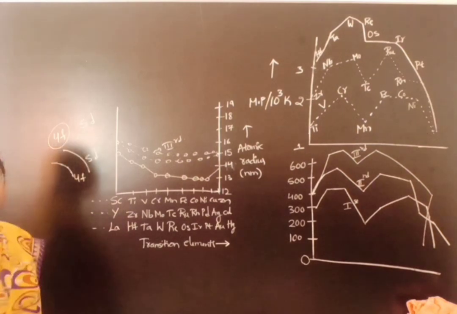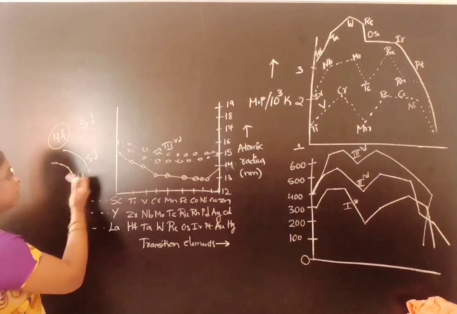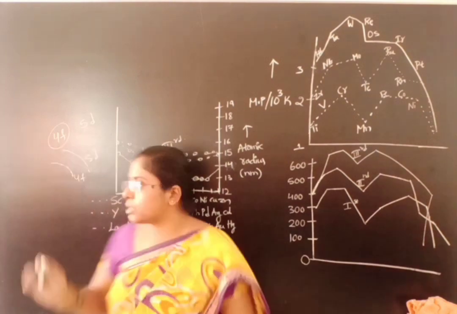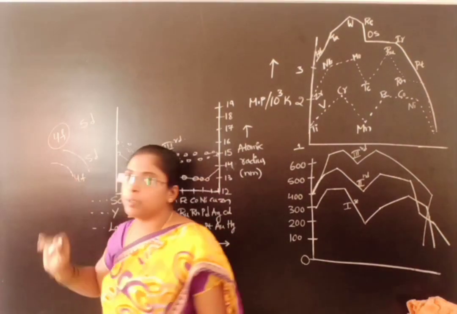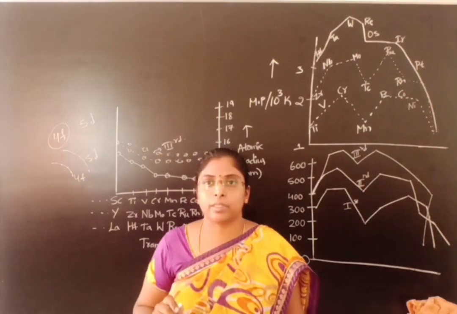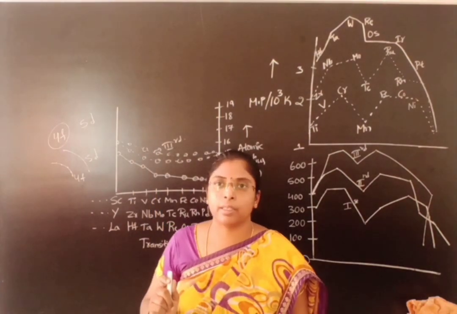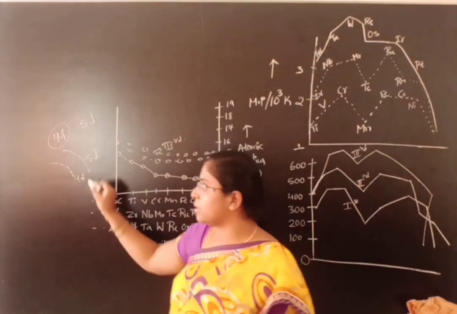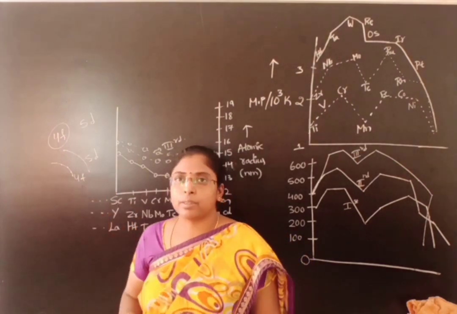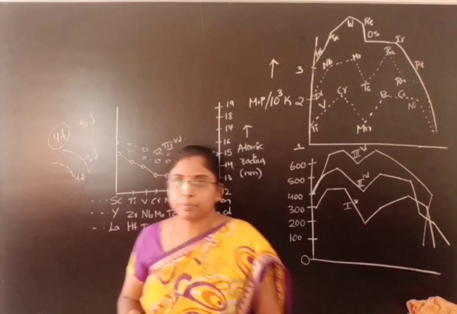Because of this, there is a steady decrease in the atomic as well as ionic radius in the third transition series, in the lanthanide elements. Hence, this contraction is known as the lanthanide contraction.